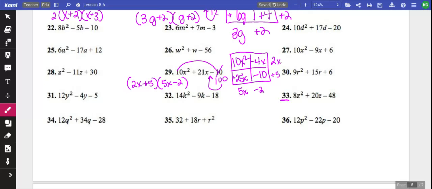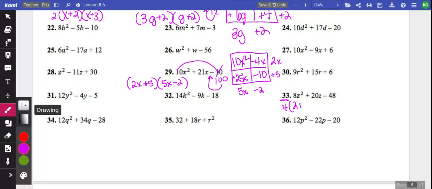Number 33 here. There is a greatest common factor of 4, which makes this 2x squared plus 5x minus 12, which still needs the window method.